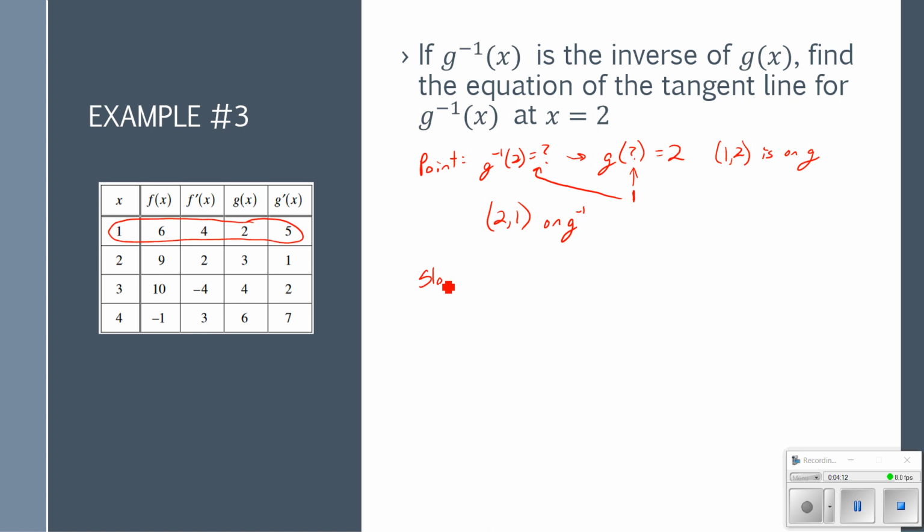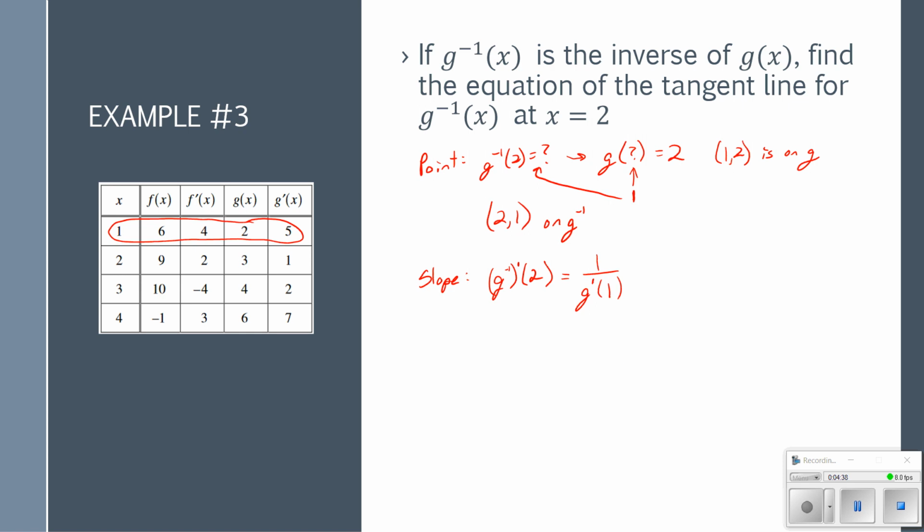So now for the slope, g inverse prime of something is going to be 1 over g prime of something. Well, I'm told to use an x of 2 for the inverse, but 2 is not the x coordinate on g. That's going to be the 1.